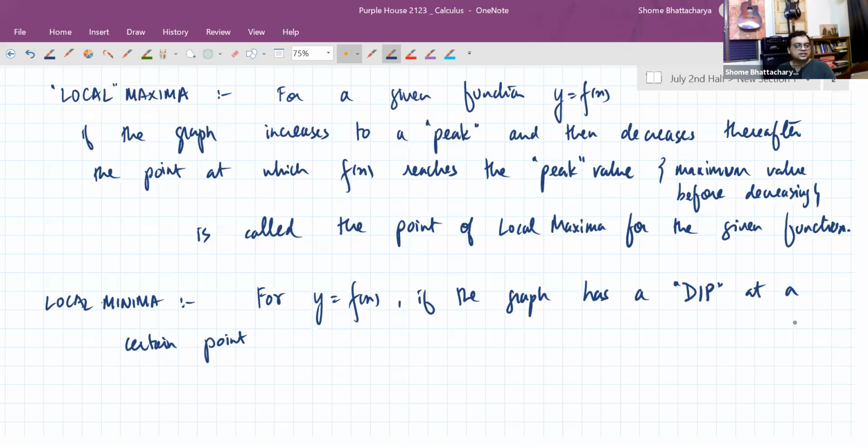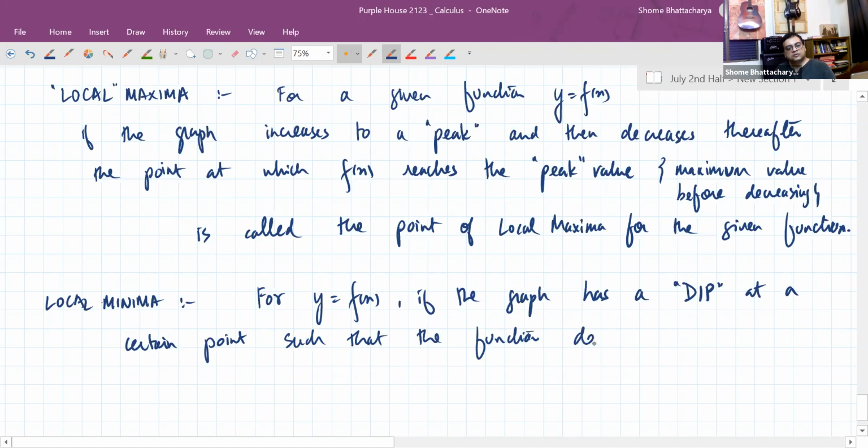So if it has a dip at a certain point, that means the function decreases up to a certain minimum value, and thereafter it increases.